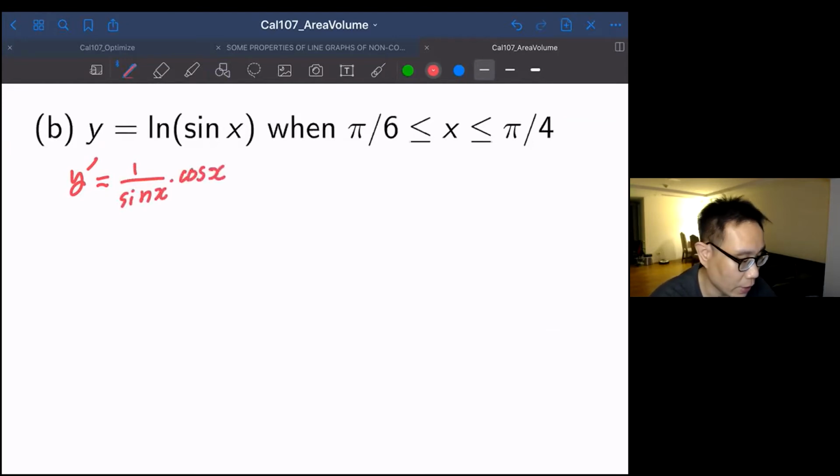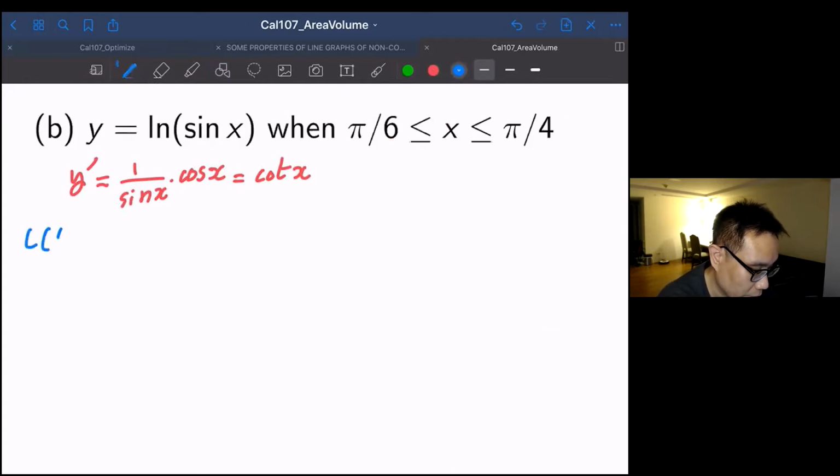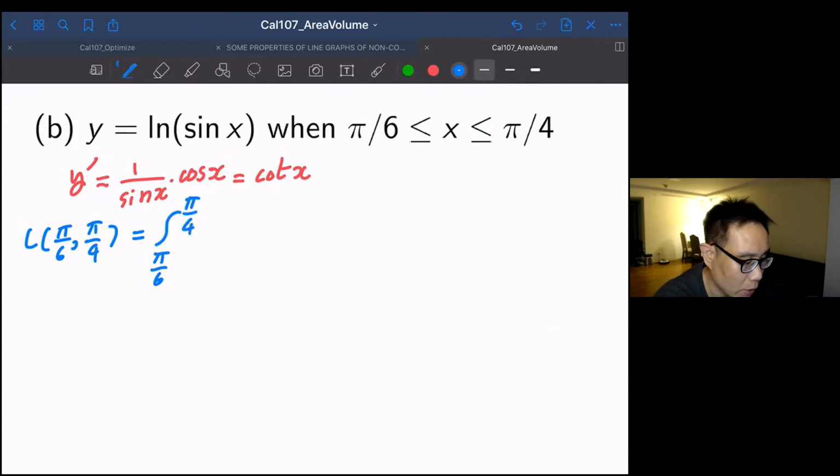So it's going to be cot x. And you're going to have L from pi/6 to pi/4. So it's going to be the integral from pi/6 to pi/4 of the square root of 1 plus y prime squared, right? Let me write down the formula first, dx.